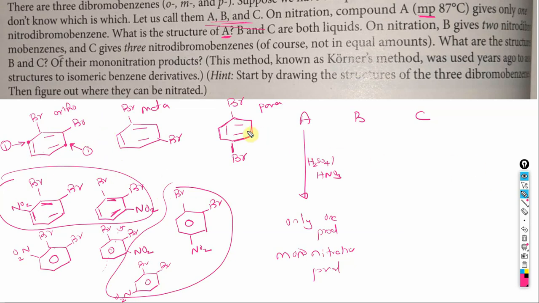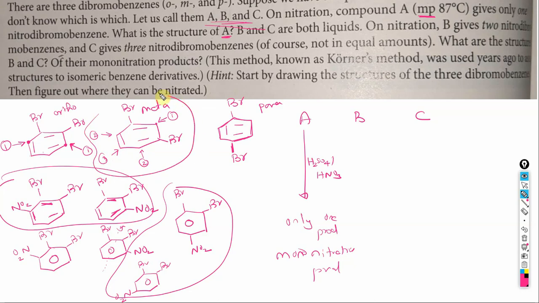Alright. If you look at meta, there is one location here. If you put a nitro group there, you get one product. If you put a nitro here, which is same as this, that is 1. These two are the same location, therefore 2 possible products can result. In fact, if you nitrate just over there, you can get 3 possible products.